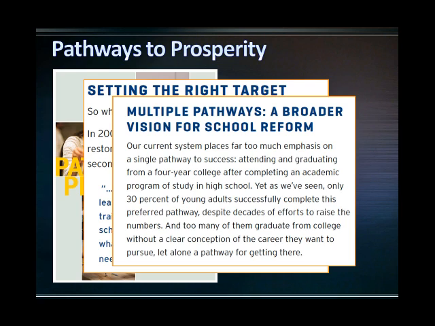So we've got that path laid out. That's been the traditional path, yet they quote the statistic that only 30% of young adults successfully complete that pathway. So what are we going to do about this? We need to have clear pathways into this profession, and we also need to have multiple pathways into this profession.